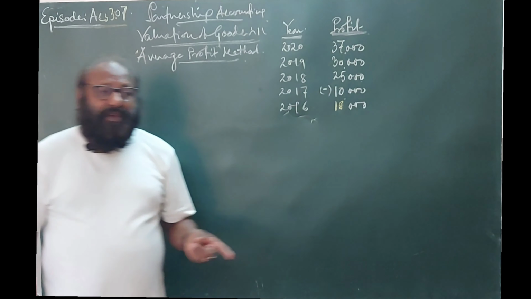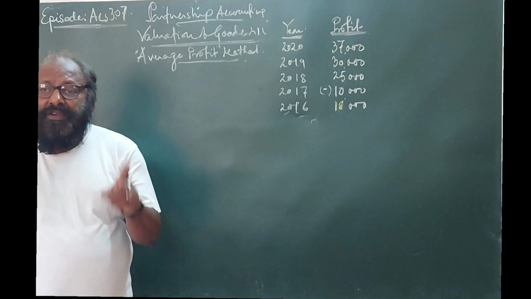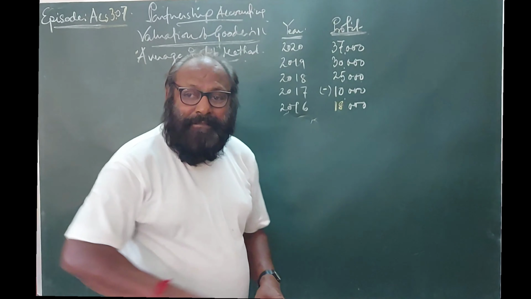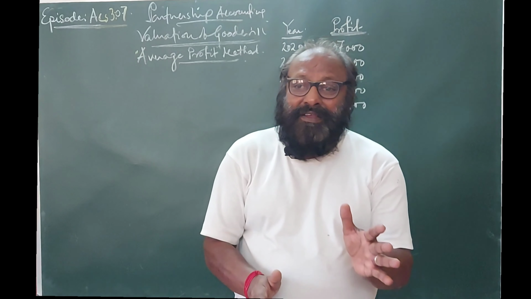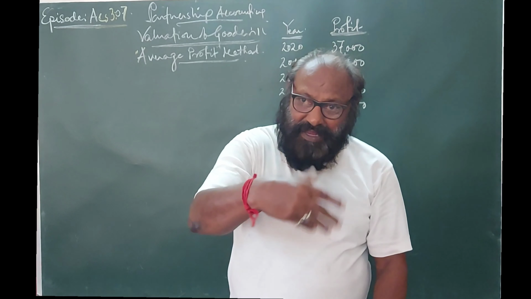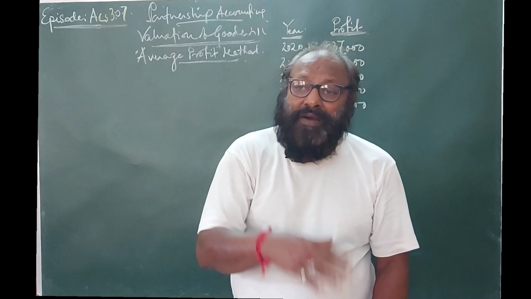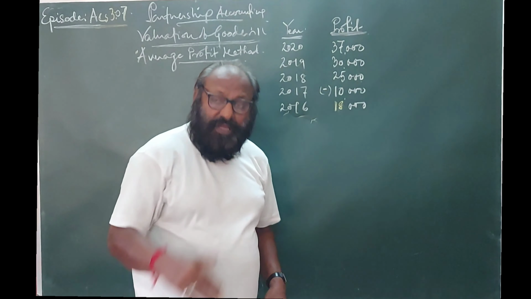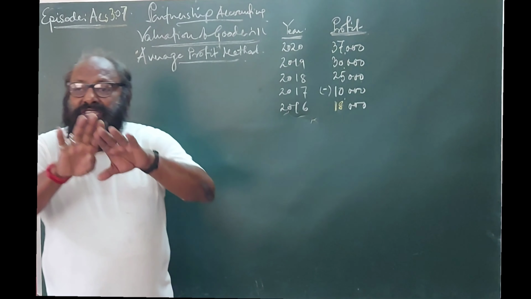Next one is treatment of goodwill. Number 3, distribution of past profit. And finally, the payment by the incoming partner, and in case of death or retirement, payment to be made by the firm to the retiring partner or to the heirs of the deceased partner. So these are the issues.